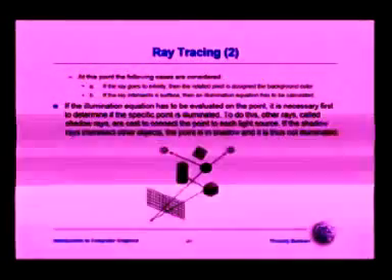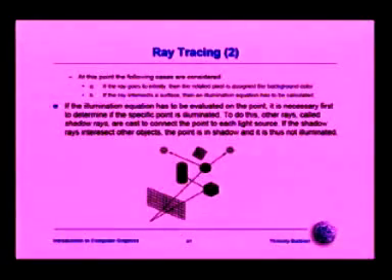That quantity of energy which survives determines the color that I see in that specific area of my raster. This is how ray tracing basically works, by tracing in the opposite direction the rays which represent light intensity.